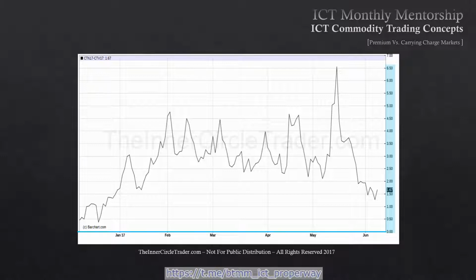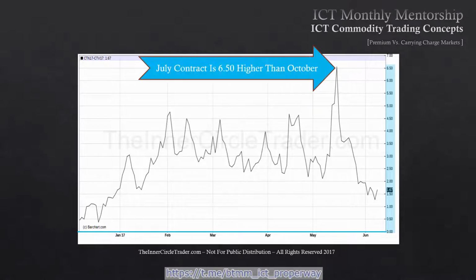I want you to take a look at that spike up we saw in May. We're going to do a little bit of analysis there. But at that high in May, at its peak, the July contract was trading at a 6.50 premium higher than the October delivery contract. So in other words, July cotton was 6.50 higher than the October delivery contract for cotton.